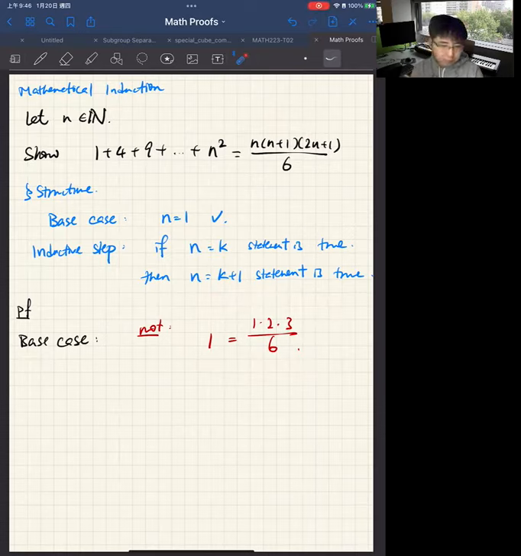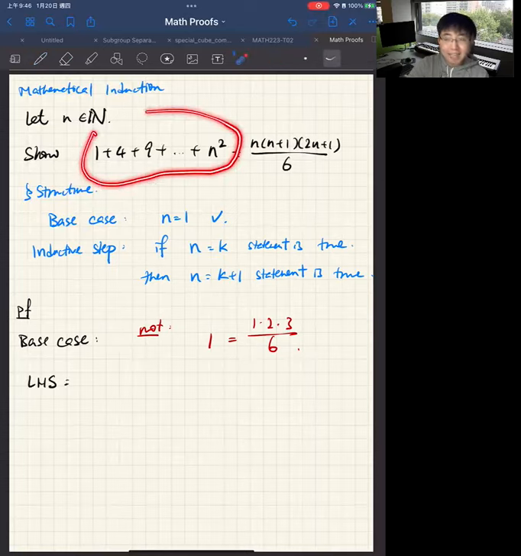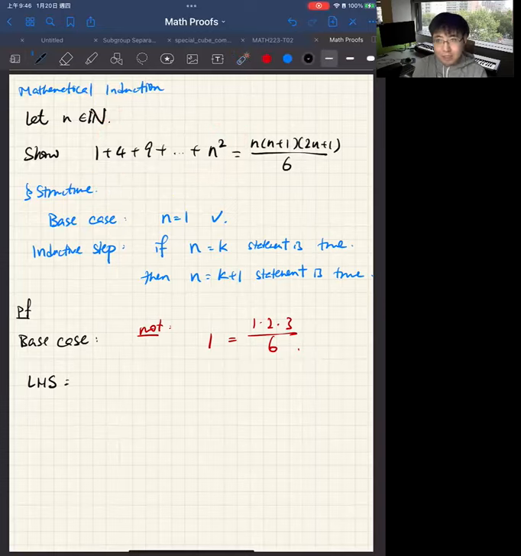Okay. The safest way, or the most efficient way to do it, is as follows. The way that I recommend is: you do LHS. LHS stands for left-hand side. It's nothing fancy. For the left-hand side you calculate 1 squared, so it's 1.